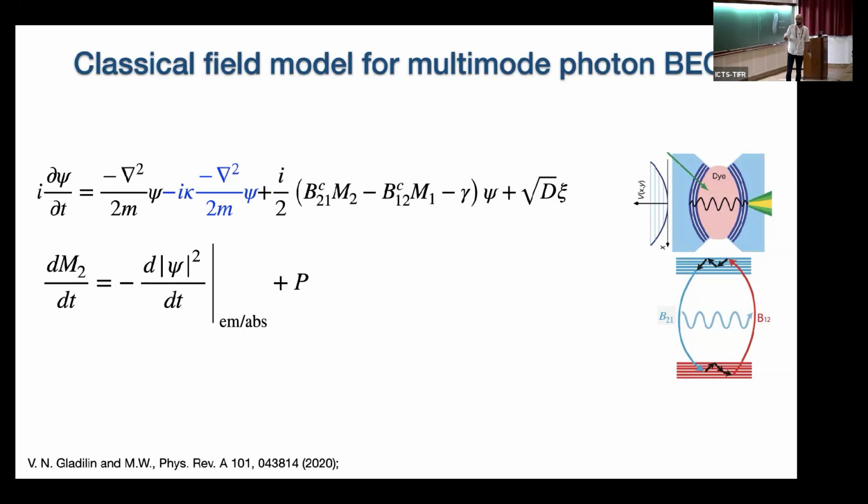And then a rate equation that follows the number of excited molecules. And then another term here, so it's a kind of loss depending on the energy, and that's the term that will express the temperature of these molecules.